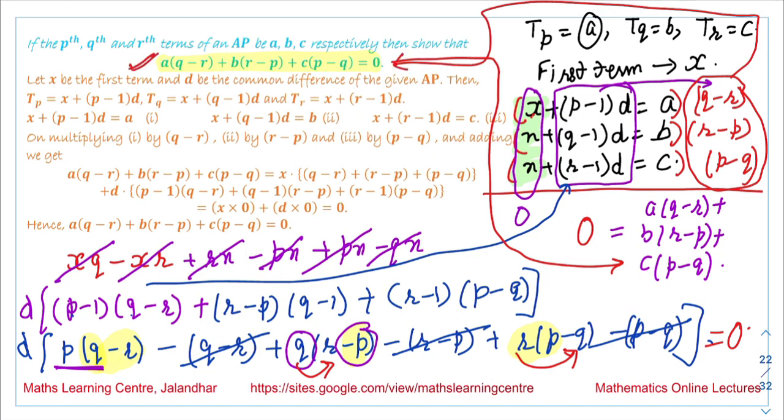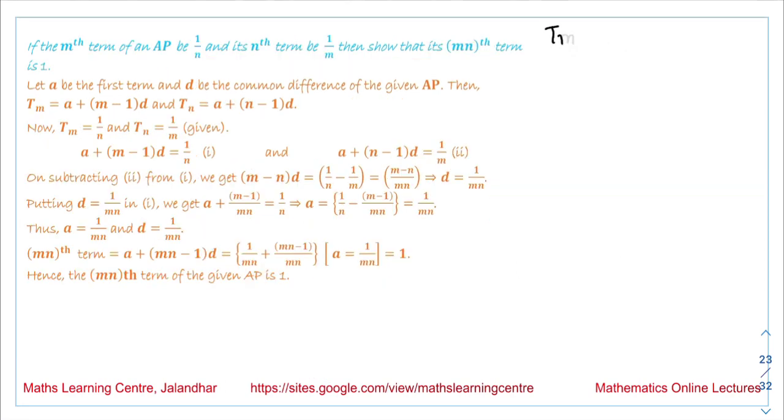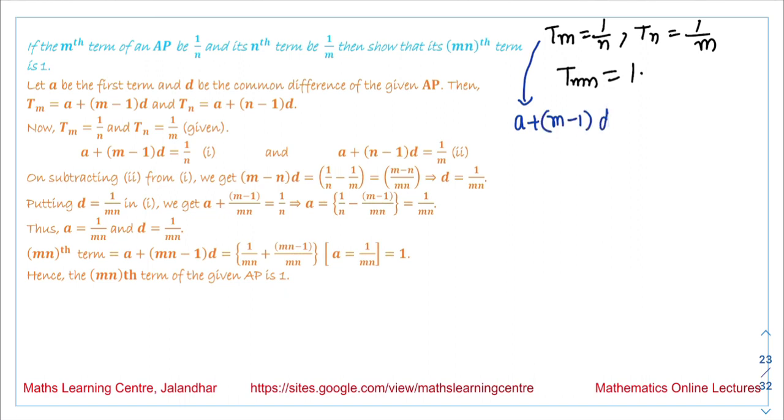Next is, if the mth term of an AP is 1 by n, we are saying Tm is 1 by n, Tn is 1 by m. We have to prove that Tmn is equal to 1. So from this what we are getting is a plus m minus 1 d, that is equal to 1 by n.